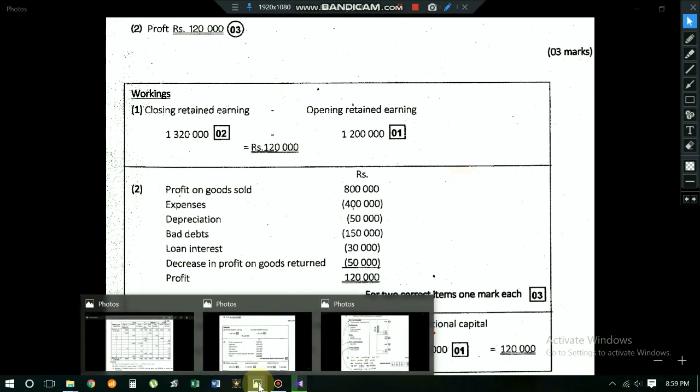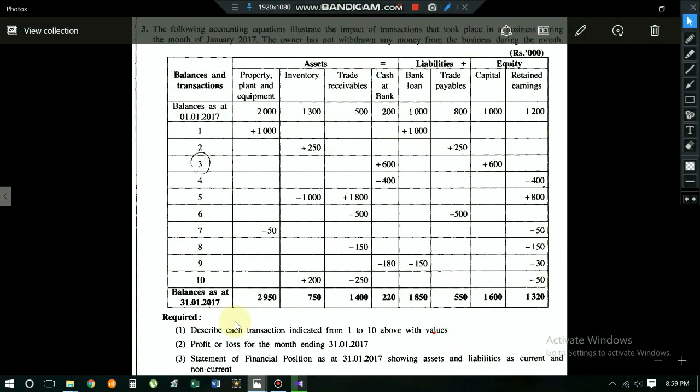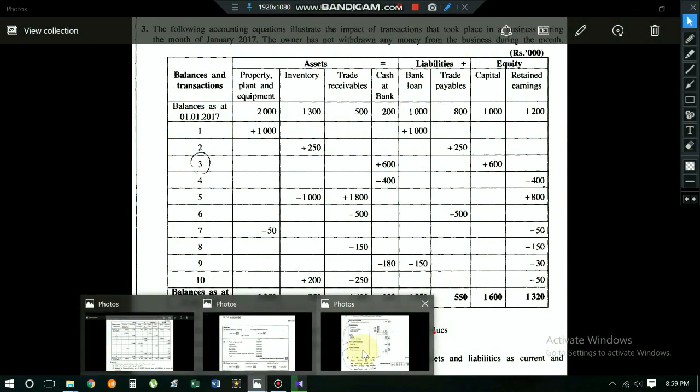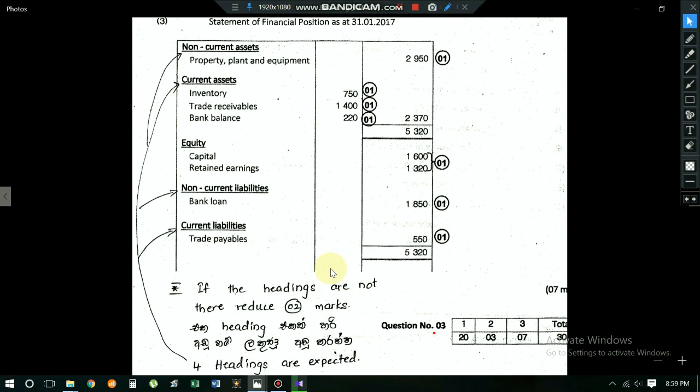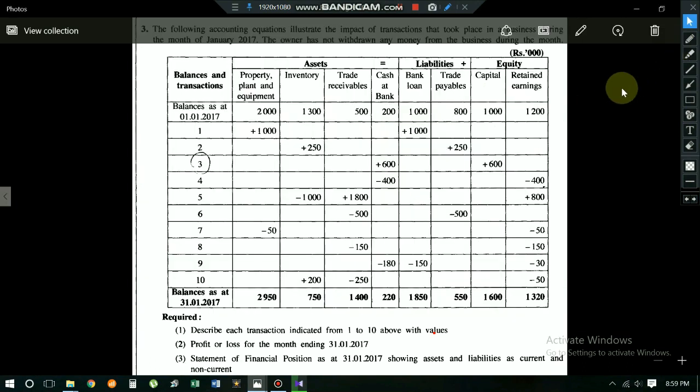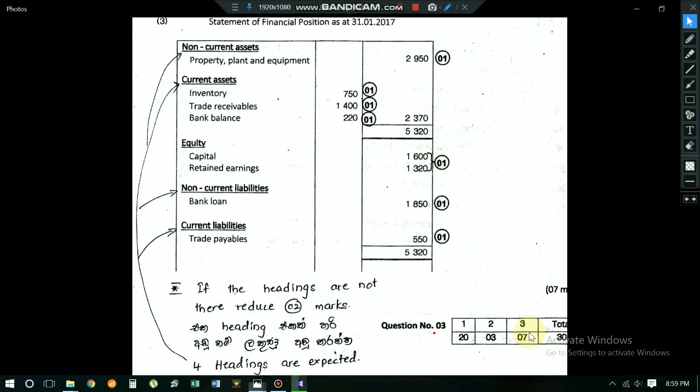I'm moving to the third requirement: prepare statement of financial position, as we know, SOFP, as at 31st of January 2017, showing assets and liabilities as current and non-current. I always ask my students to write the full answer. Why am I saying that?